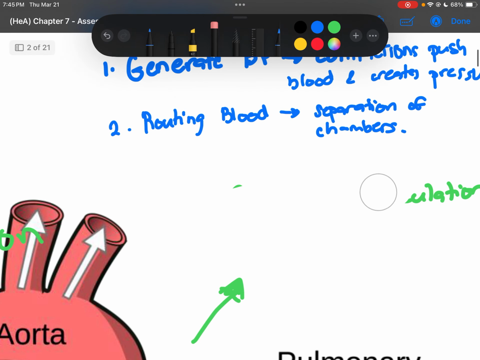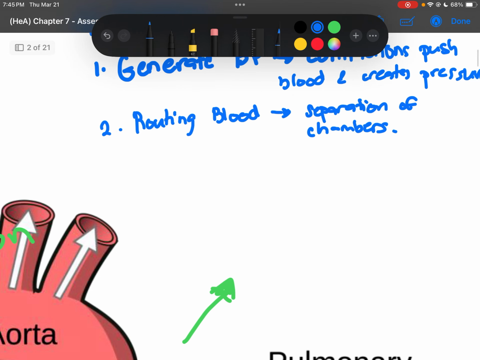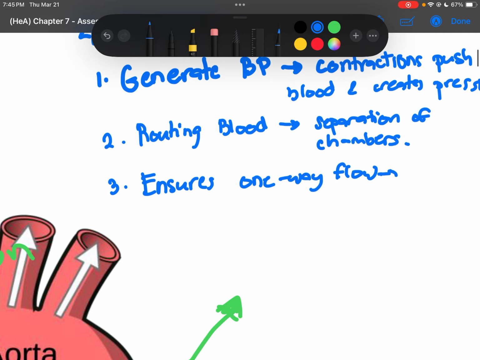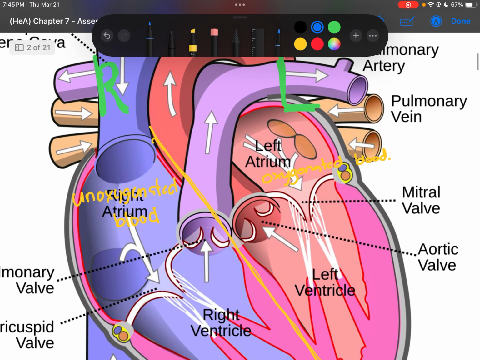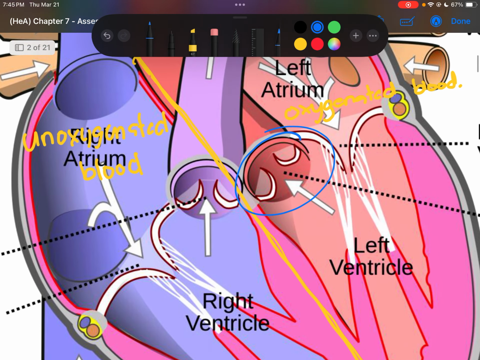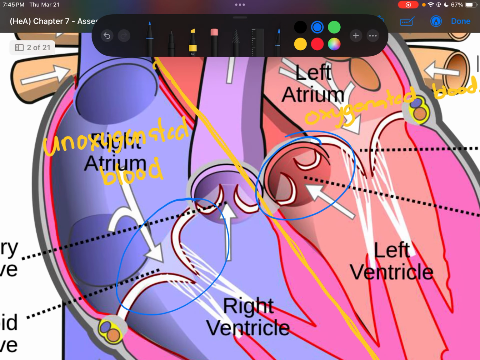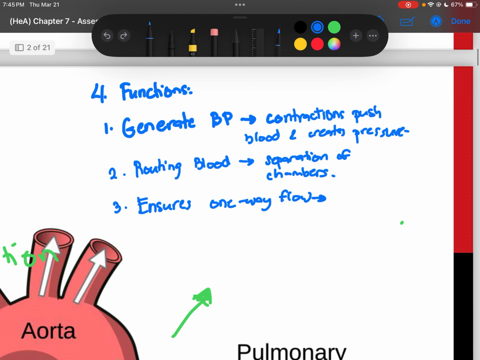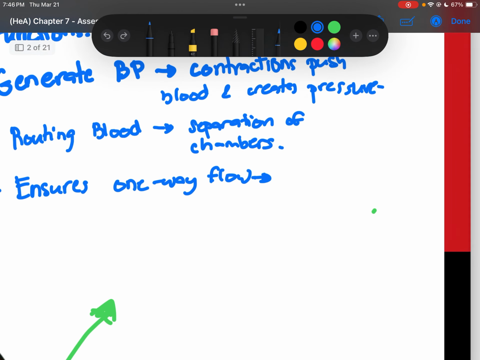The third function is that it ensures one-way flow. Now, this is caused by what we call our valves. The valves, if you remember from your anatomy, will open and close depending on what the current situation is.